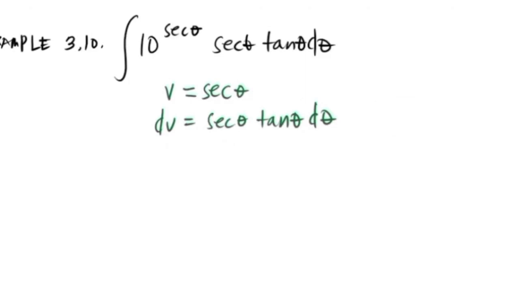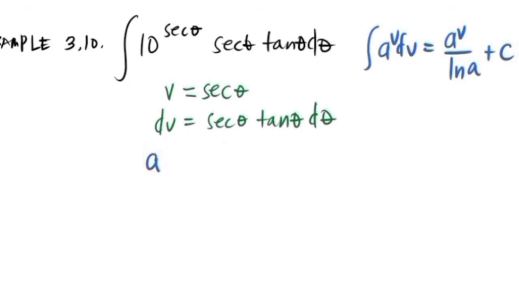So from our formula, we have the integral of a raised to v dv is equal to a raised to v over ln of a plus c. So from our equation, a is equal to 10. Ito yung base.